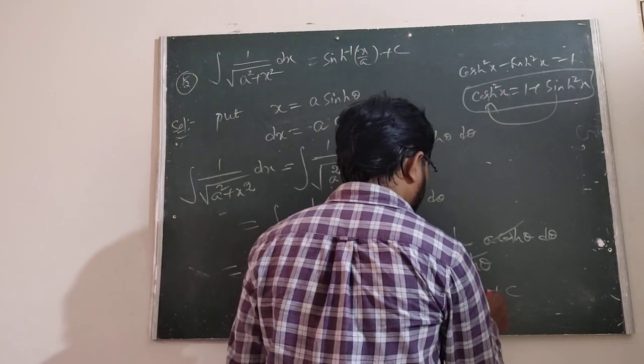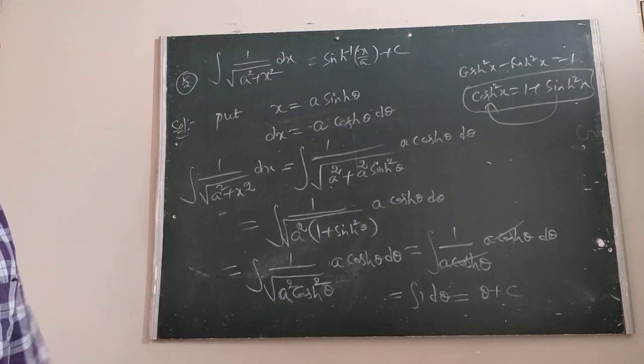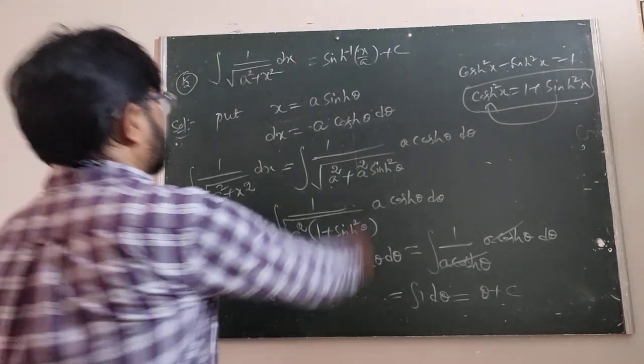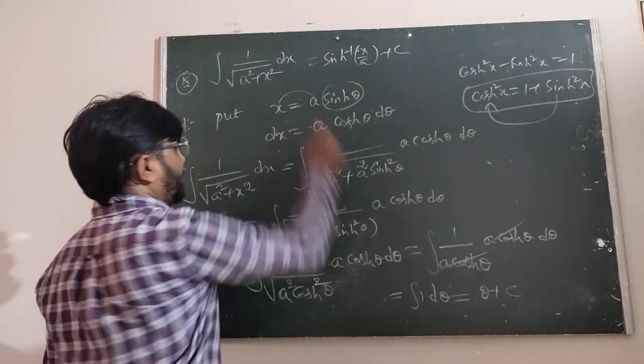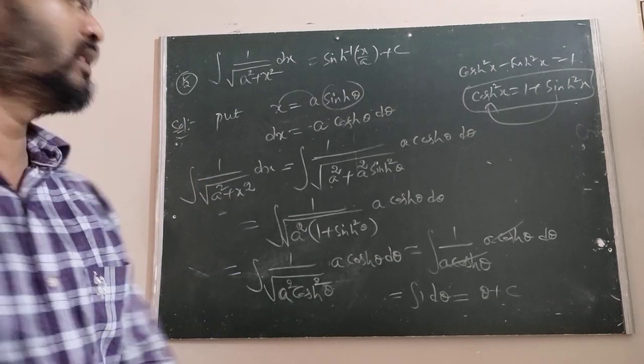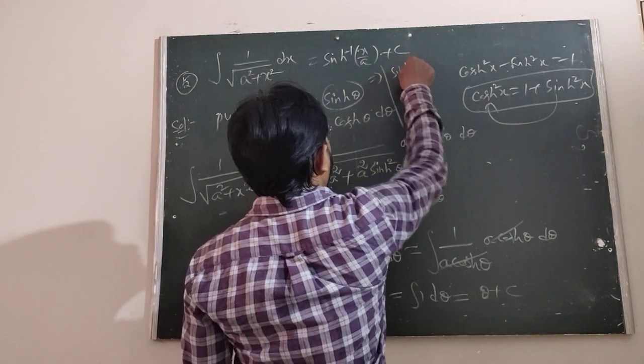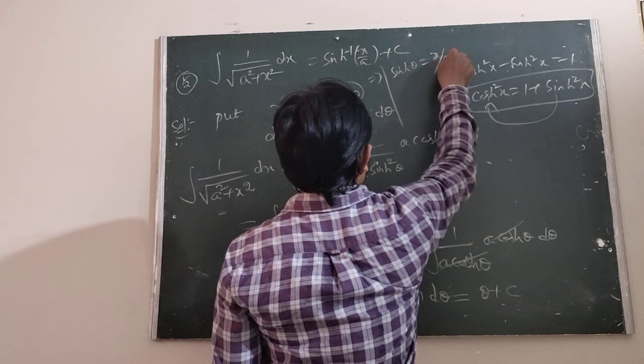Now we are looking to find theta. How to find theta? We are taking sin h theta equal to x by a, that is, x equal to a sin h theta. So sin h theta equals x by a.